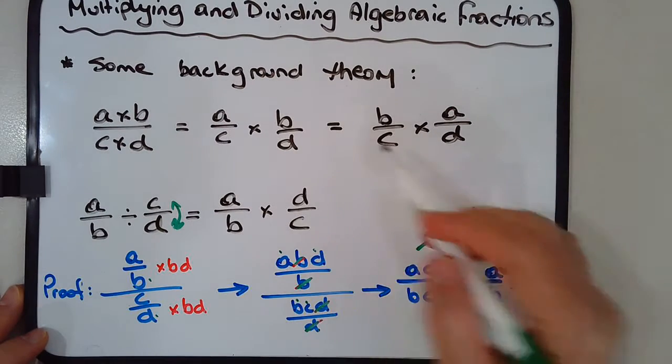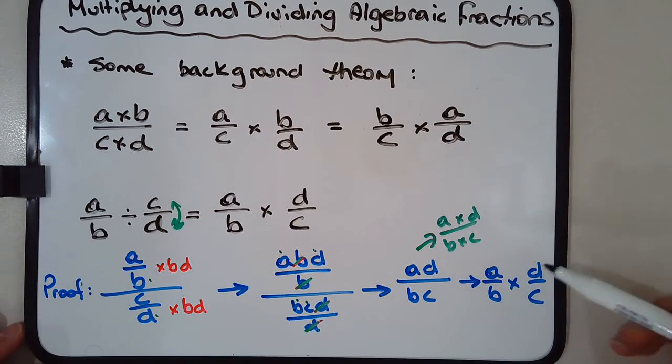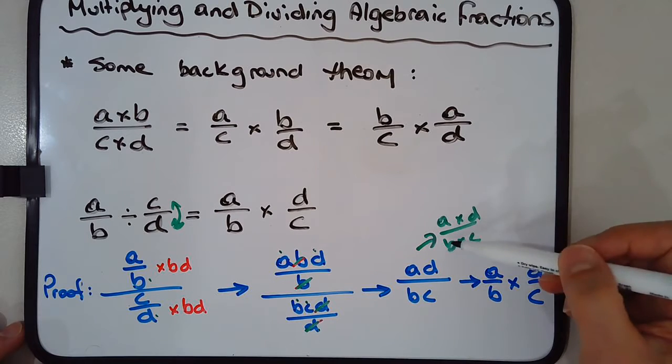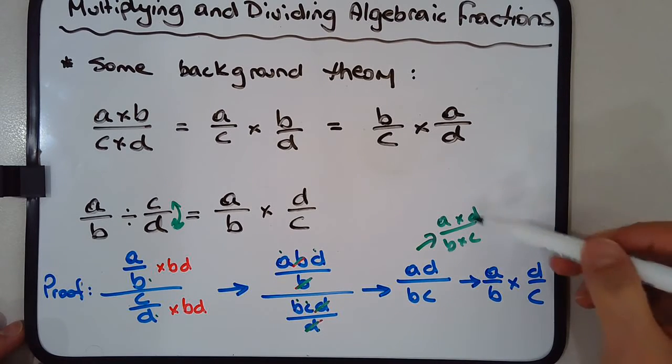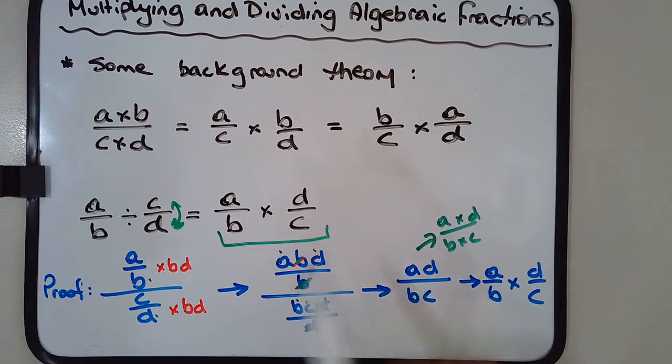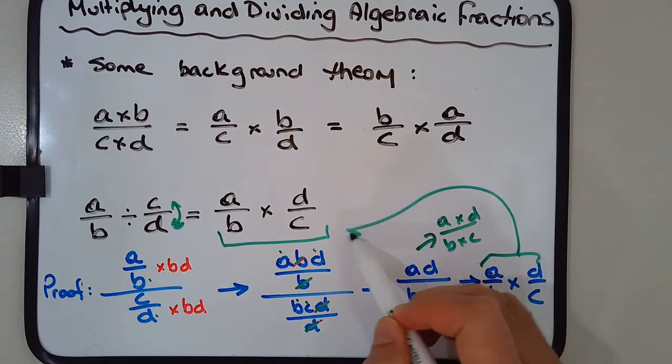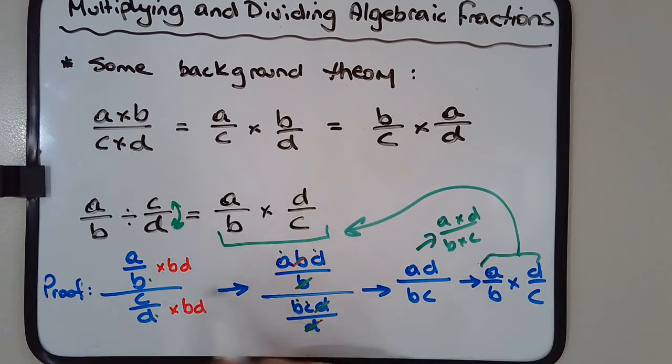And as we've seen before, this can be broken up into a product of two fractions. So the a over b can be split off as a separate fraction multiplied by d over c. And that's exactly what we have here. So this statement is exactly the same as what we've just stated earlier.